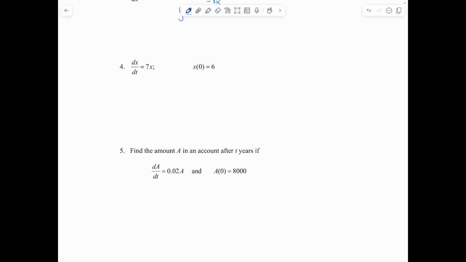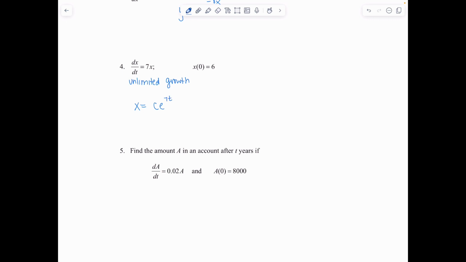Number 4, dx/dt = 7x, and we have an initial value x(0) = 6. So this one is our unlimited growth. Using our table, we know our solution will look like x = c e^(7t).